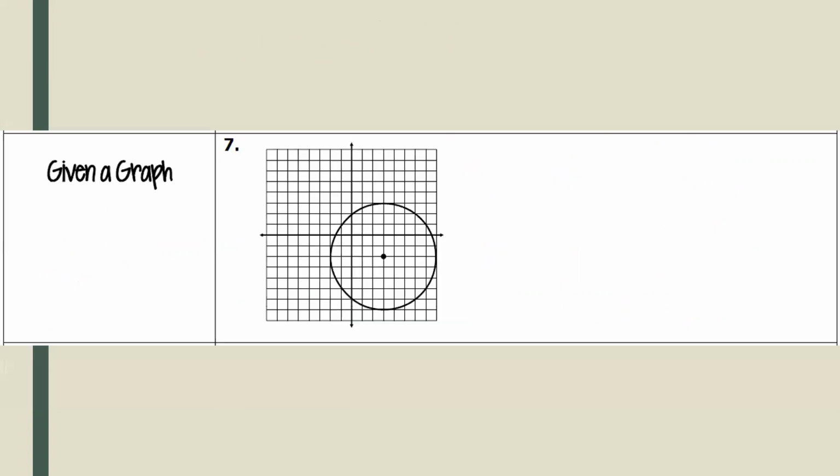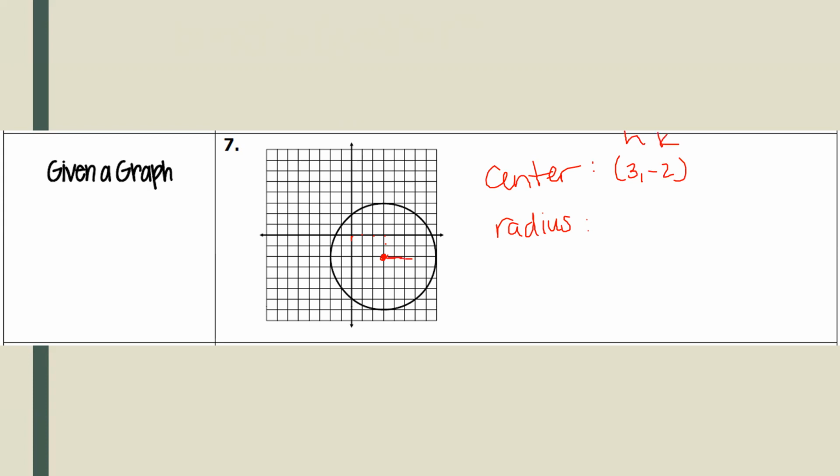All right, let's look here. What happens if they give you a graph? We can write the equation of the circle. What do you need to write the equation of a circle? You need the center, you need the radius, and we can find both of those things from looking at this picture. The center of the circle is right here. Its coordinates are 3, -2. Now we know h, k.